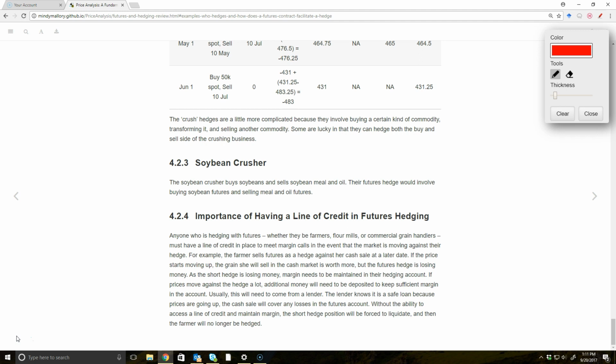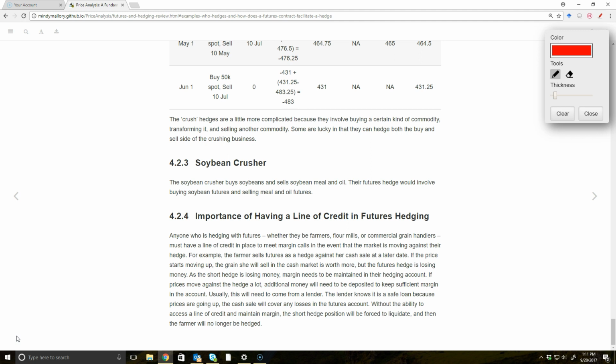But you still have to have the cash to deposit into your futures brokerage account in order to keep open those futures hedges. And if your account balance falls below the margin requirement, you're going to get what's called a margin call. And if you don't wire them money basically immediately, then you'll be forced to close your position.